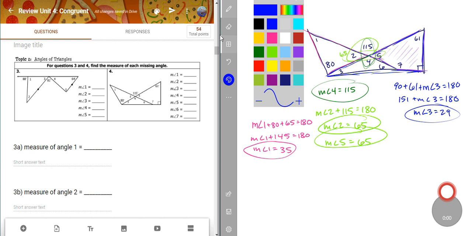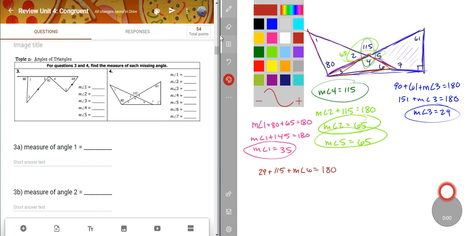We need 6 and 7. So we've got 3 and 4. That'll help us find 6, and then we'll be able to get a linear pair. Perfect. So 3, which is 29, plus 4, which is 115, plus 6, which is our unknown, is equal to 180.